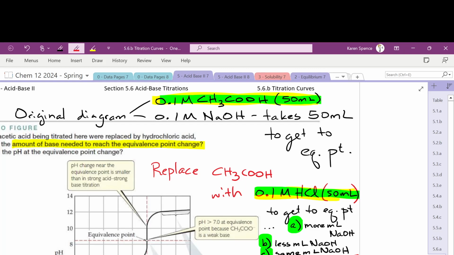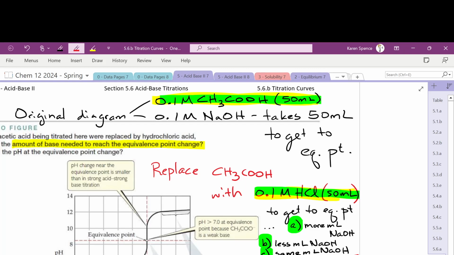Why do you say C? The other one changes the equivalence point? The equivalence point changes. What changes about the equivalence point? It gets lower. So the pH gets lower? Yes.